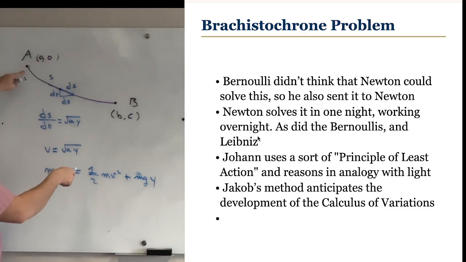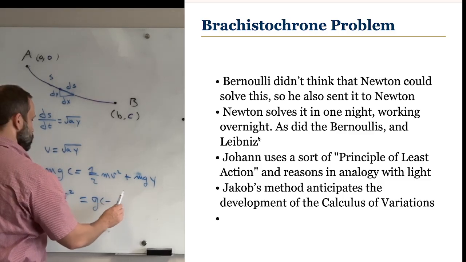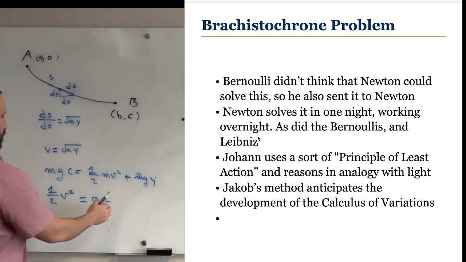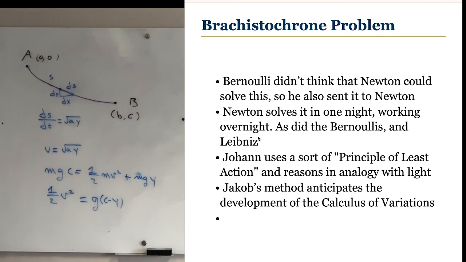And of course, the coordinate system is getting a little bit muddled here. But if we divide through by m, what we're going to get is 1/2 v squared is going to be equal to g times c minus y.